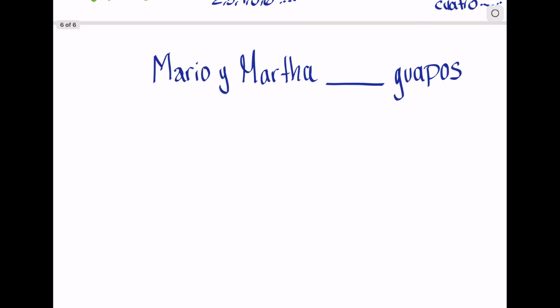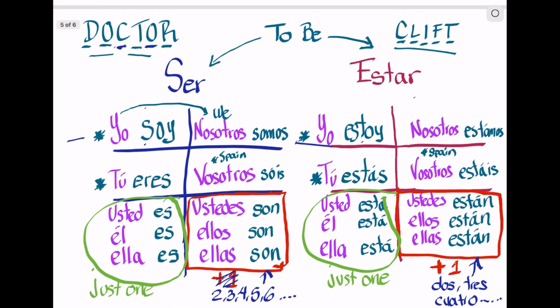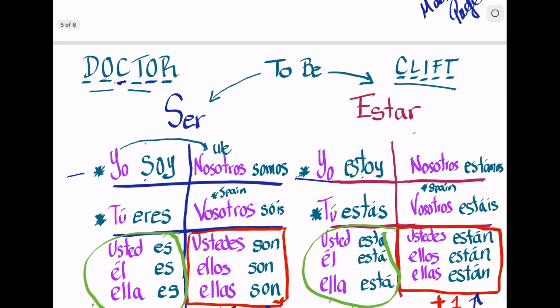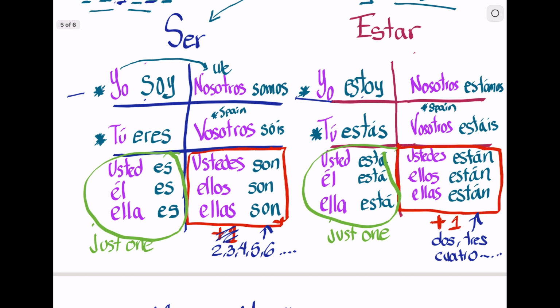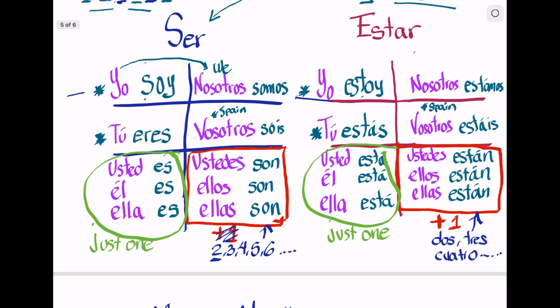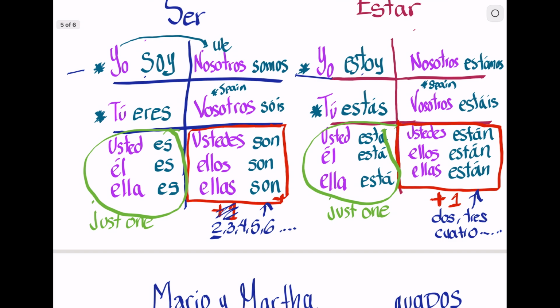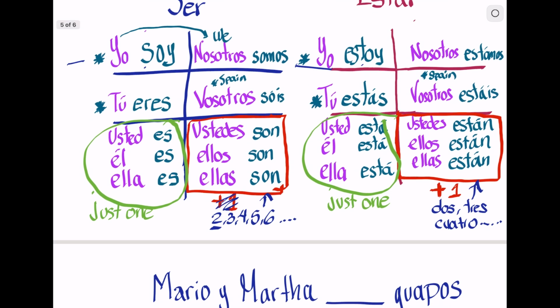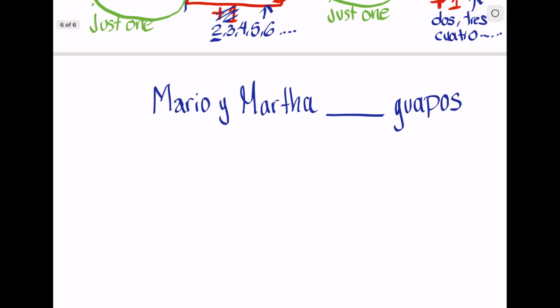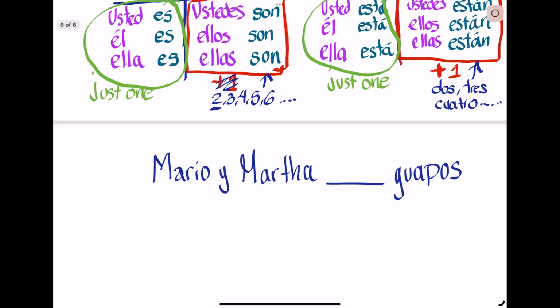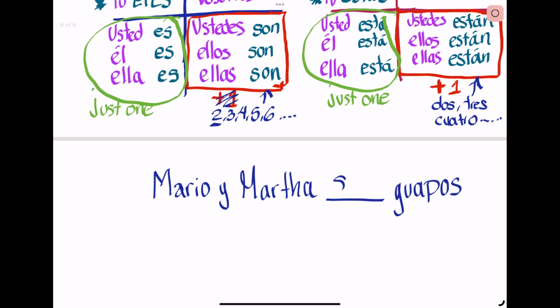Martha and Mario, one person or multiple people? Multiple. So I included me? No. So the red one, son or stan. Now I have to decide. Good looking. What is? Son or stan? Son, because it's a characteristic.